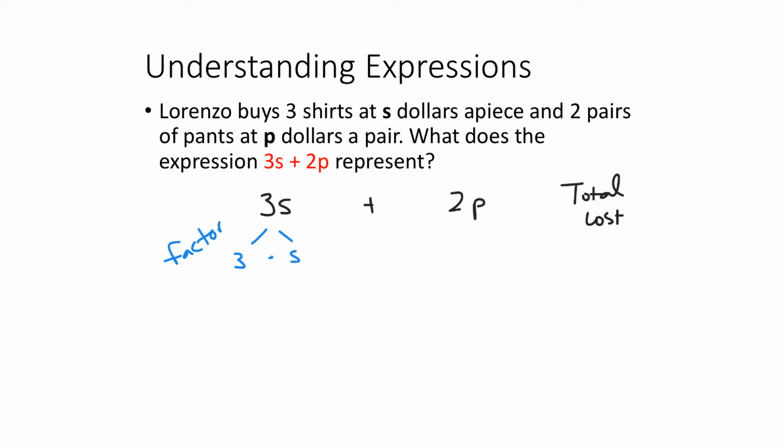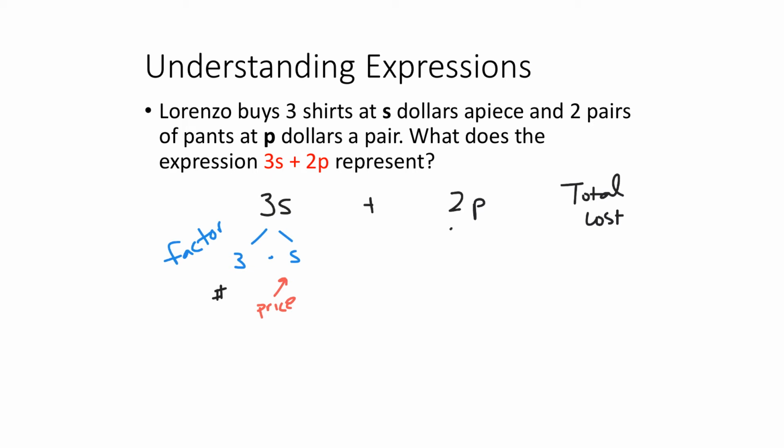He's buying 3 shirts, so this is just the number that he's purchasing, a static constant 3, while the variable this time is actually referring to the price. This means the price can be something that changes. It doesn't necessarily have to be the price that is the coefficient, but we need to recognize what is the thing that can change and what is the thing that stays the same.